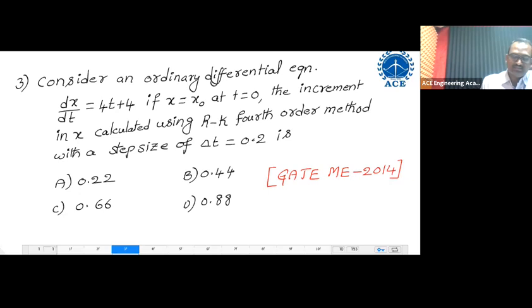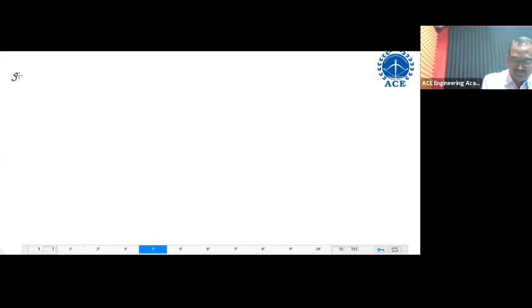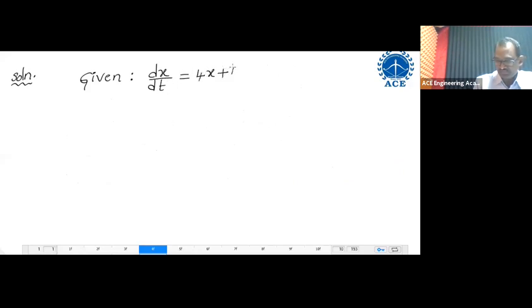First of all, write the given problem. Given dx by dt is equal to 4x plus 4.